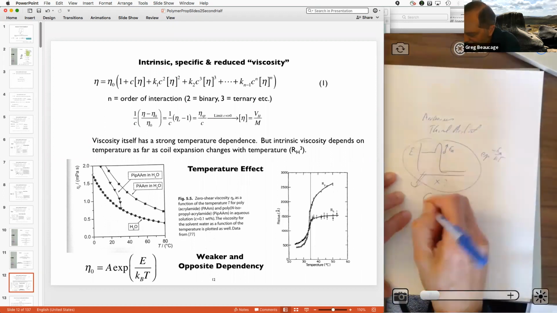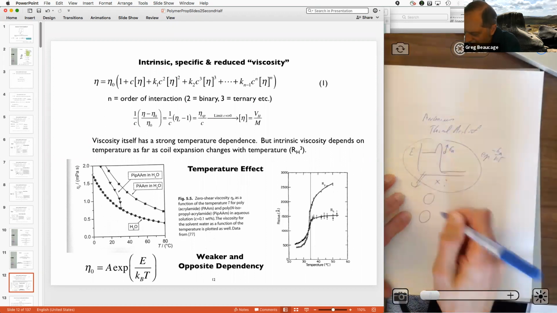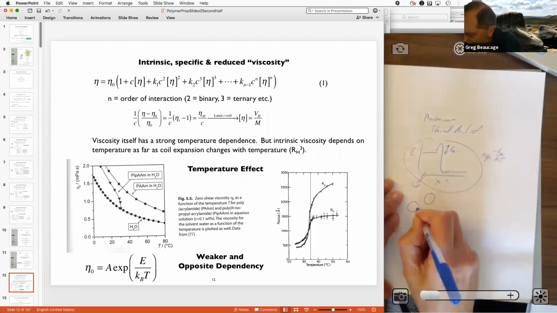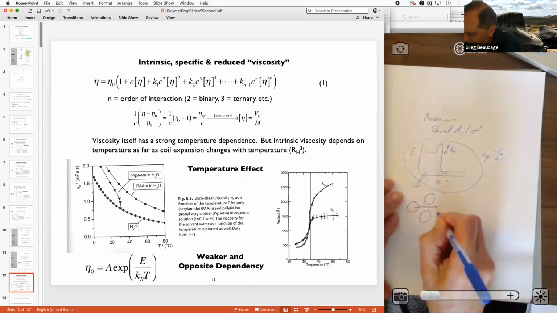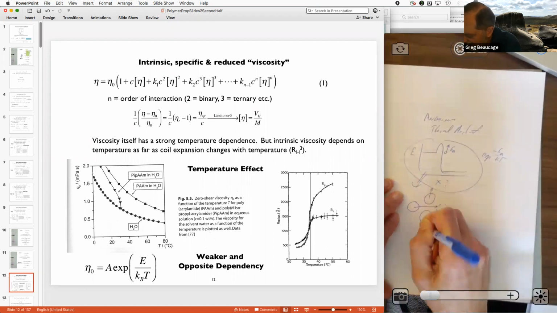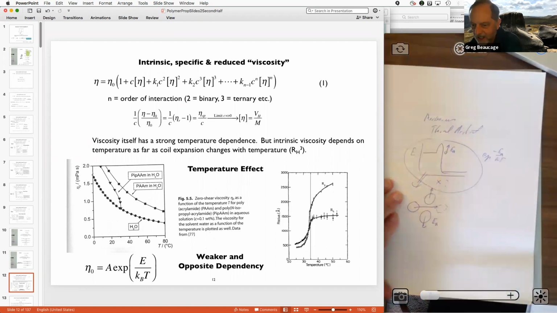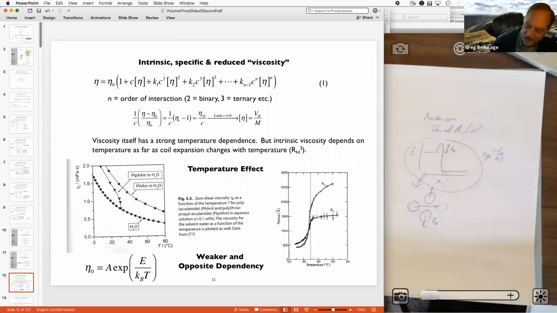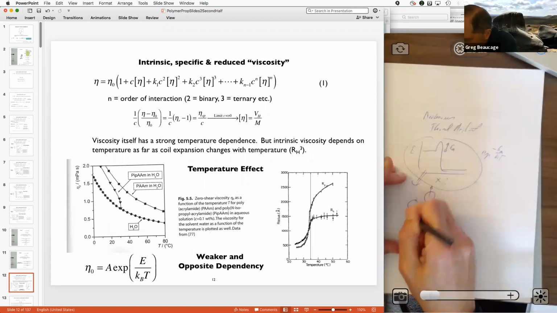So the model is that you have two spheres, and then you have a sphere of your stuff. In order for it to flow, it has to go over here. In order to get here, it has to push this guy there, that guy there, and that takes an activation energy, EA. Right? And superimposed on that model of flow is thermal agitation.